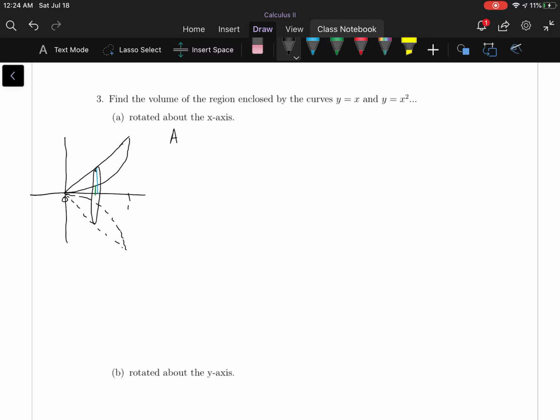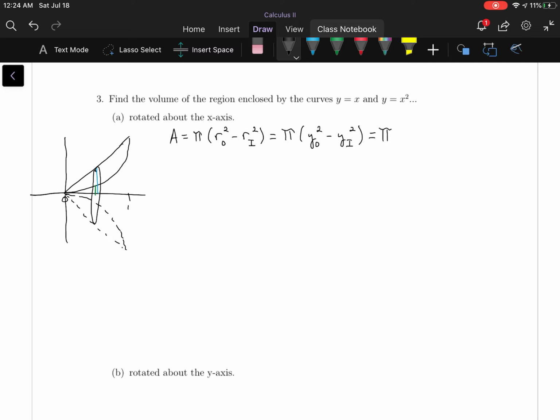So our area is going to be pi r outer squared minus r inner squared. The radii are in the y direction, so this is pi y outer squared minus y inner squared.